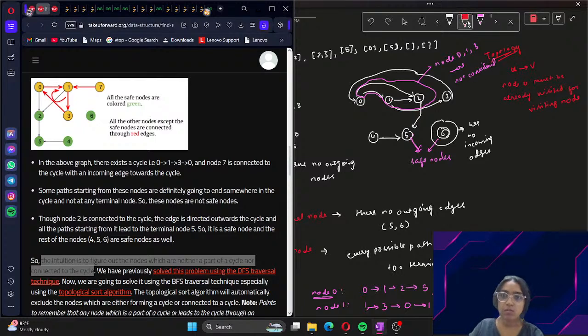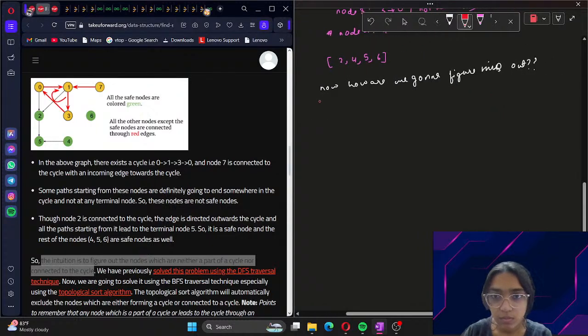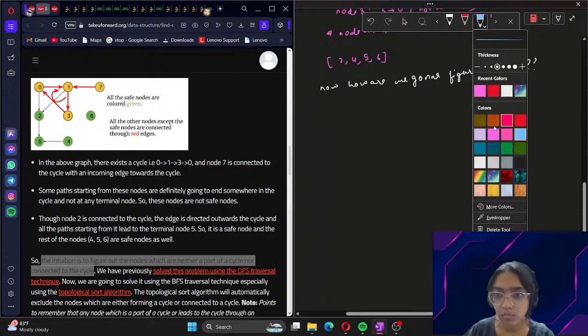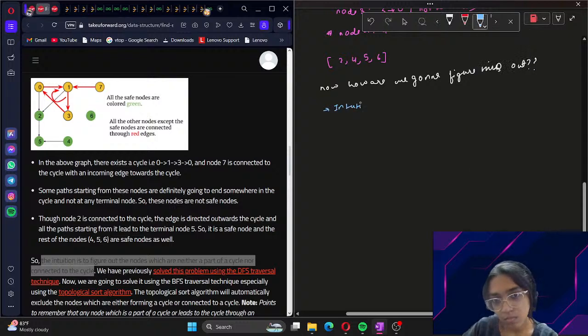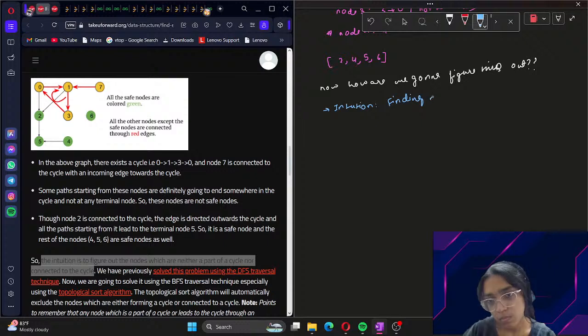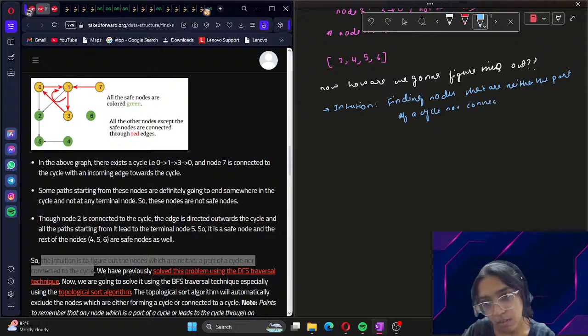Okay, the basic intuition is removing the nodes that are neither part of a cycle nor connected to a cycle.